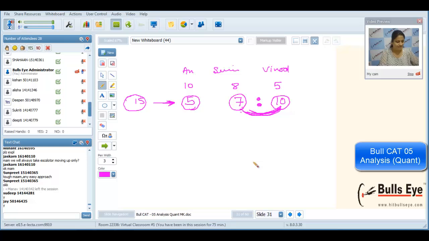I'll do one thing. Whenever we face any other question on escalator in any coming paper, I'll try to complete all the concepts on escalator. We will try to complete 7 or 8. There are actually 7 or 8 types of escalator problems. We will try to complete that if we face any escalator problem in any of the coming papers.